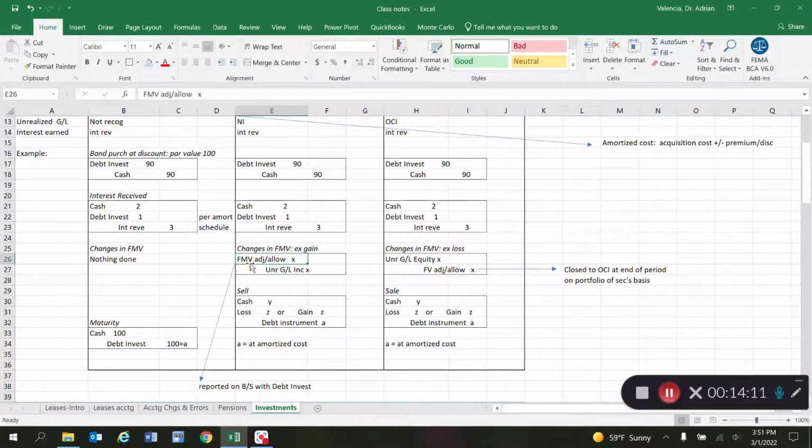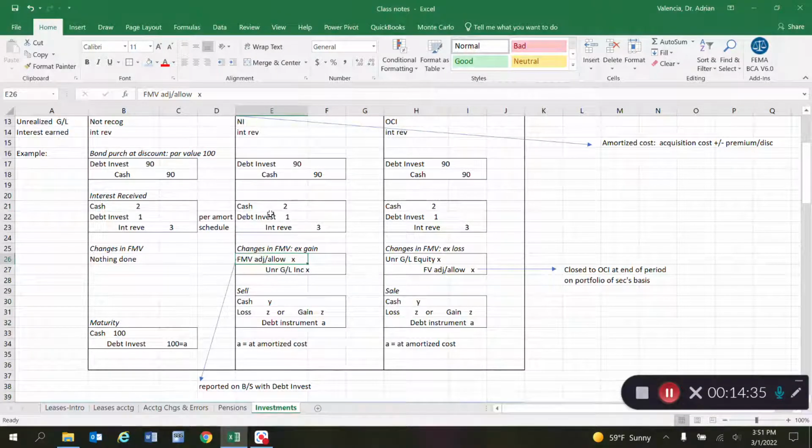Now, the fair market value adjustment account is done on a portfolio security basis. So in other words, we bulk up. We don't just analyze it for one instrument.